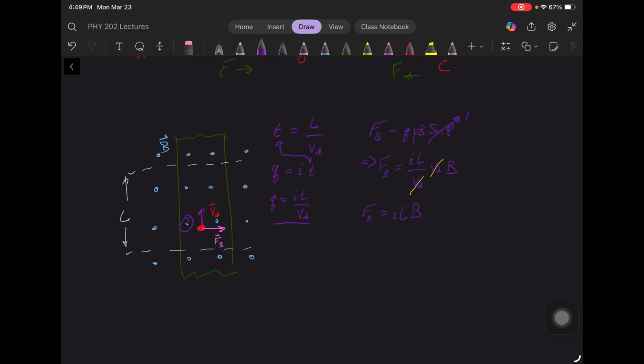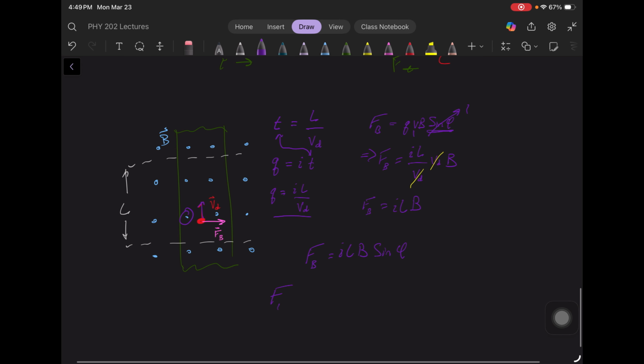Okay, well, that's fun. And so that was true when everything was perpendicular. Were it not perpendicular, we would still have this sine phi in there. And so we can say F sub B would be equal to ILB sine phi.